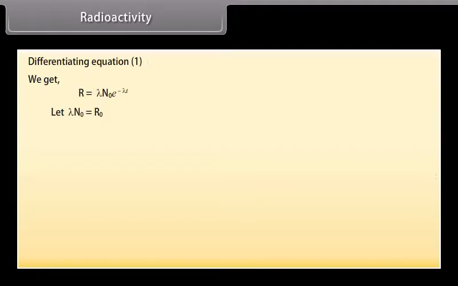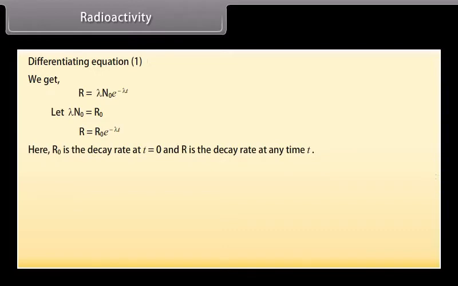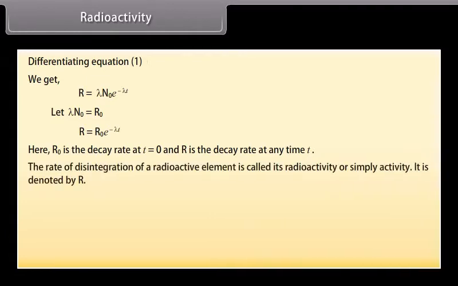Let lambda N naught equal R naught. R is equal to R naught e raised to the power minus lambda t. Here, R naught is the decay rate at t is equal to 0 and R is the decay rate at any time t. The rate of disintegration of a radioactive element is called its radioactivity or simply activity.